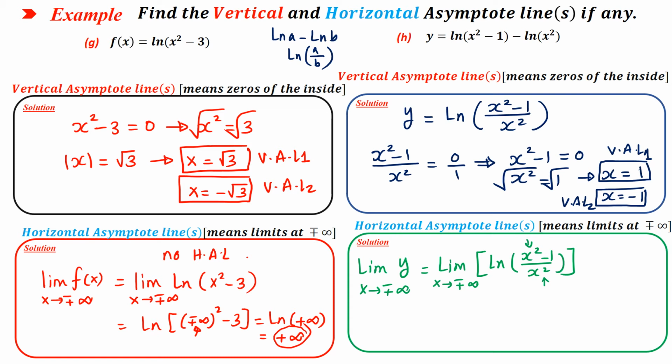You have to take the highest power up and the highest power down. So we have the limit of ln of x squared divided by x squared when x goes to positive and negative infinity. This cancels with this, and you will get ln of 1, and ln of 1 equals 0. So we have y equals 0 as the horizontal asymptote line of our question.